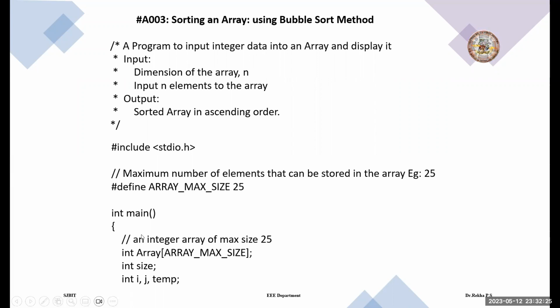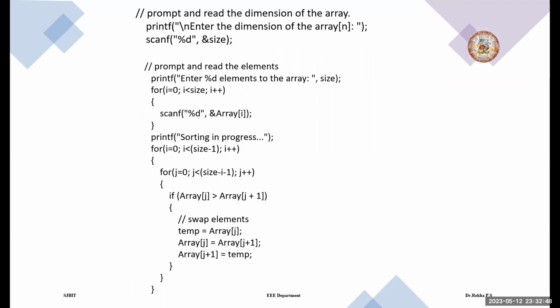So start with the main function as usual. Here we are declaring an array of type integer, and also one variable named size of type integer. I'm declaring three more variables i, j, temp of type integer.